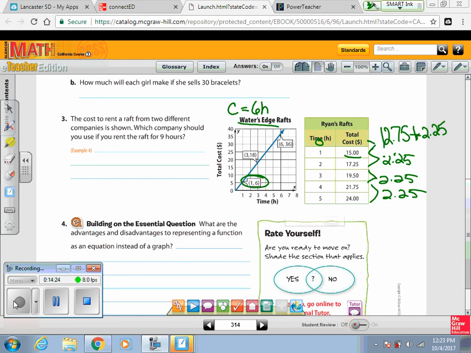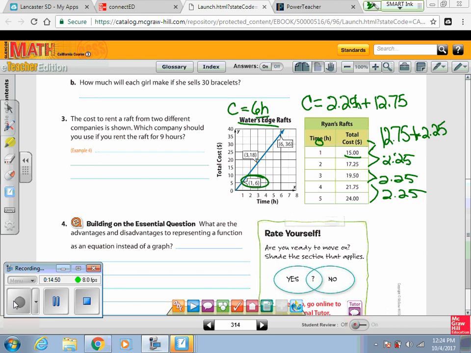With Ryan's, the cost is equal to $2.25 an hour, but you have to pay $12.75 initial cost. So $2.25 an hour is less than $6 an hour, but you're going to have to figure out when it is better to put down $12.75.